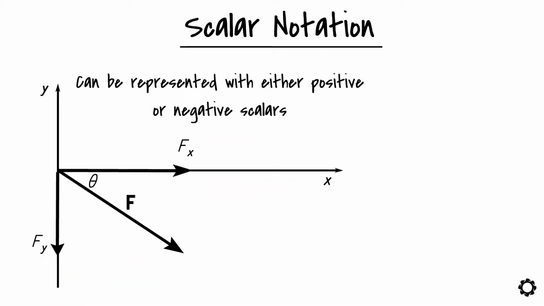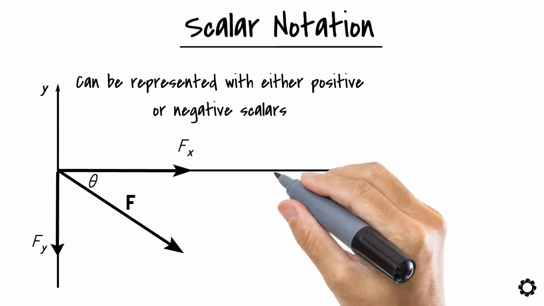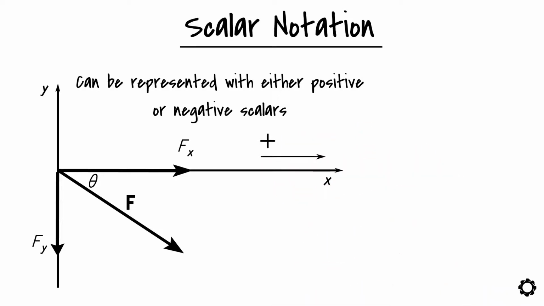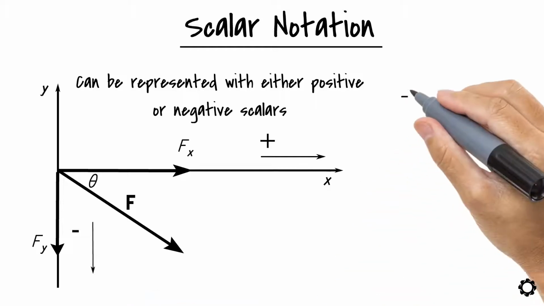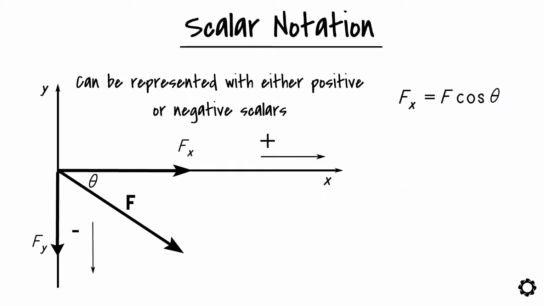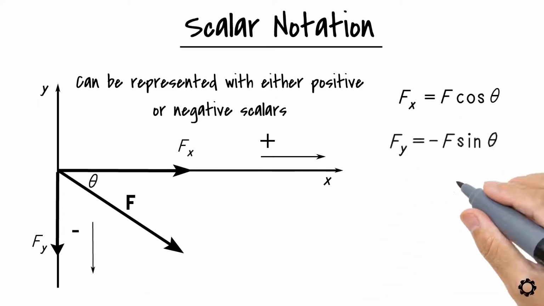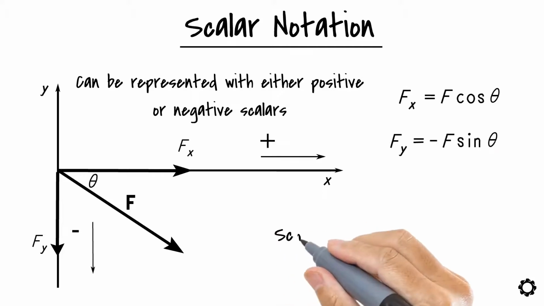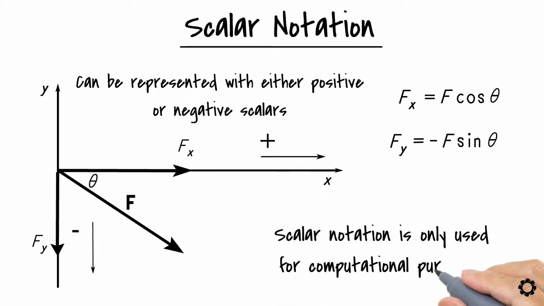For example, if the component Fx is pointing to the positive x direction and the component Fy is pointing to the negative y direction, then the x component of the force vector is positive and the y component is negative. Just keep in mind that this scalar notation is only used for computational purposes and not for graphical figures.